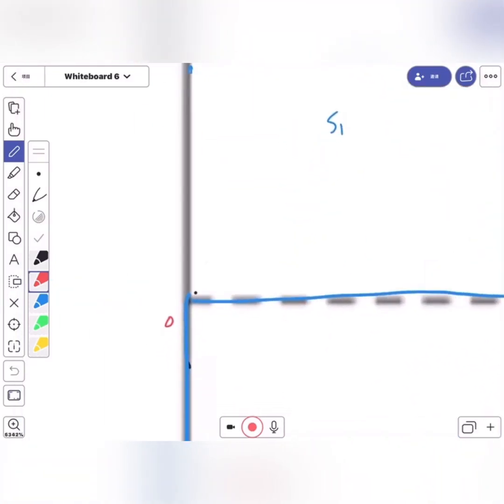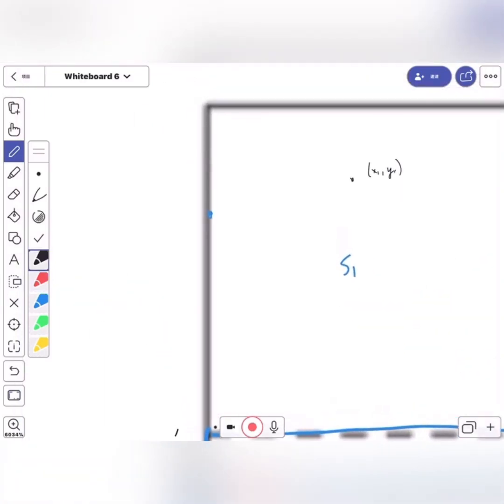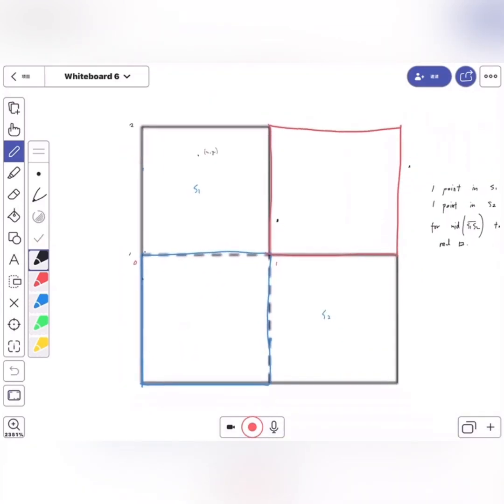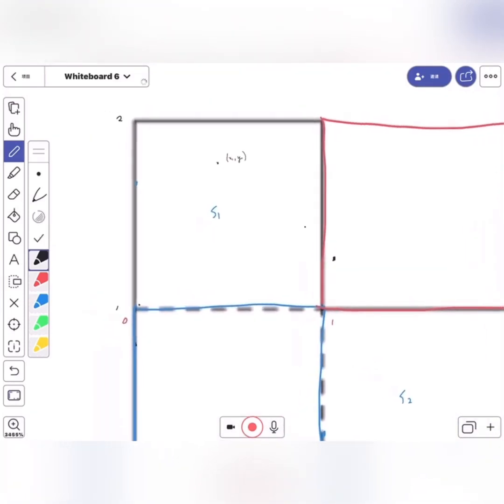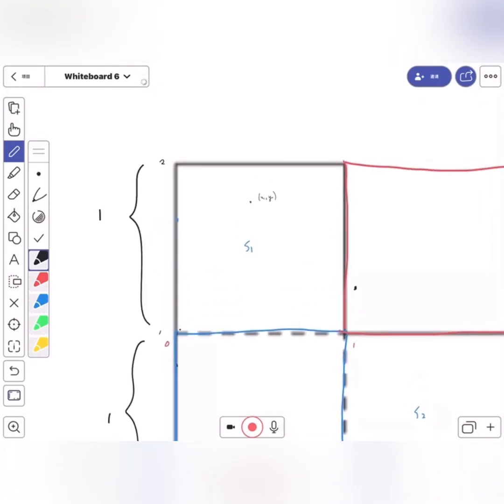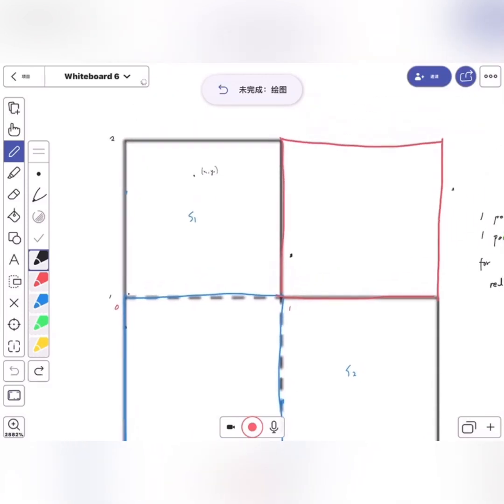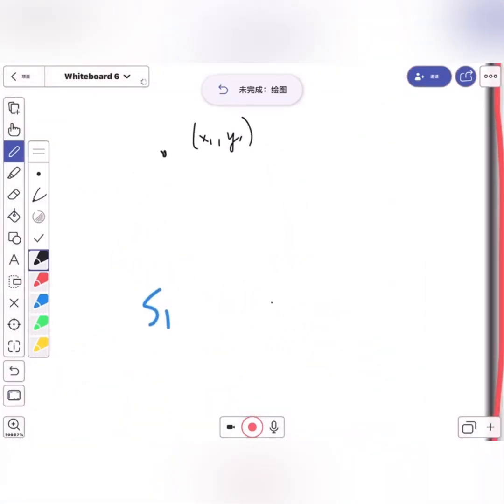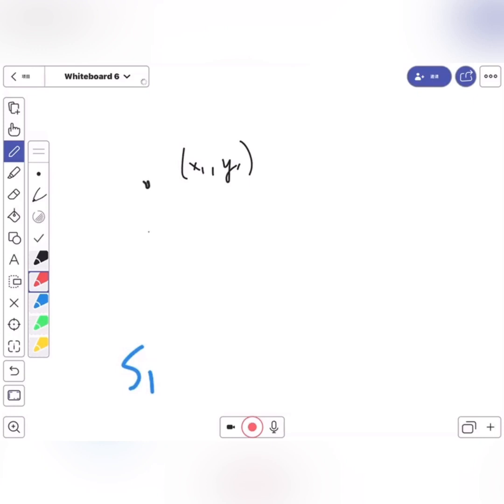But the y value must be between 1 and 2, because clearly this is 1 and we have a unit square above a unit square. Then the y altitude must be 2. So essentially, we have the following inequalities: 0 ≤ x1 ≤ 1, and 1 ≤ y1 ≤ 2.